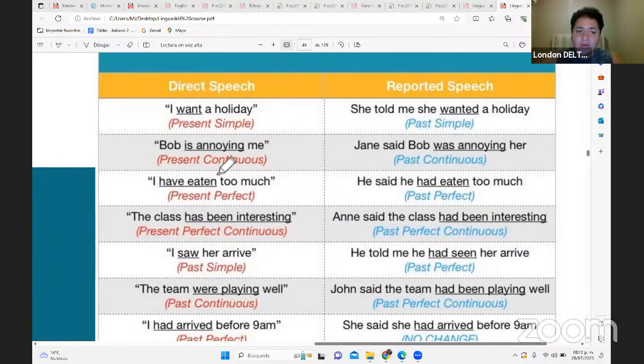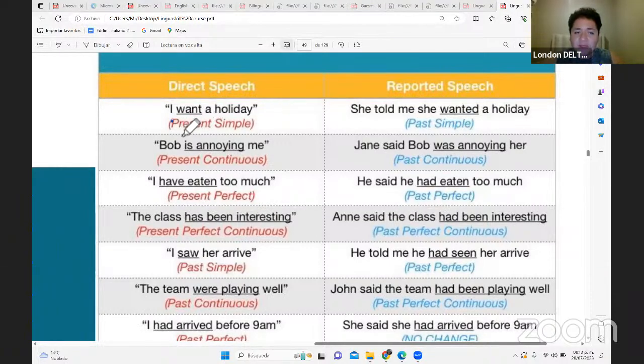So in reported speech we go one tense back in the past. For all the tenses, you always think what is the tense that is the past of that tense, and you use it in reported speech.